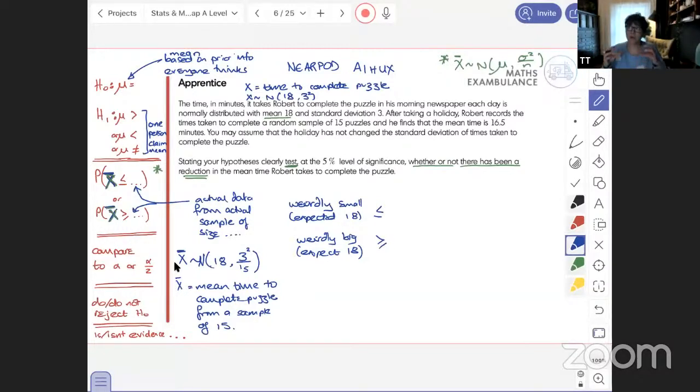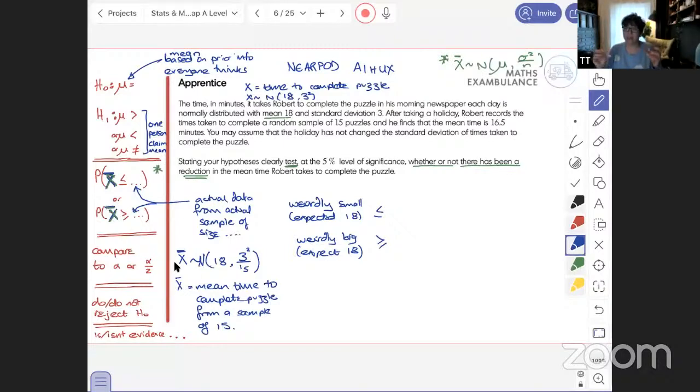And therefore, because each sample's mean is going to be closer to 18, they're varying less. The variance between the means of the different samples of size 15 will start to vary less and less as I make n bigger and bigger and bigger. So the bigger I make n, the smaller the variance between the different means.